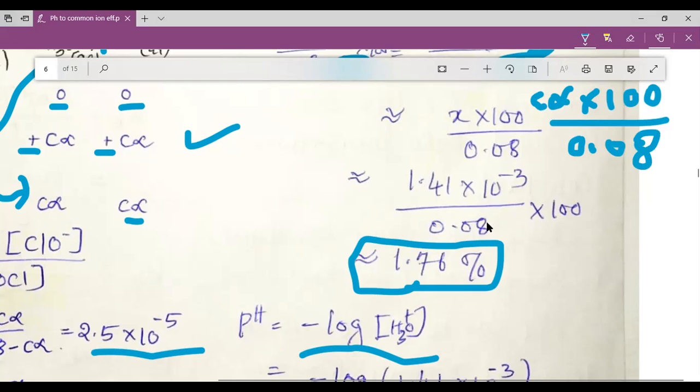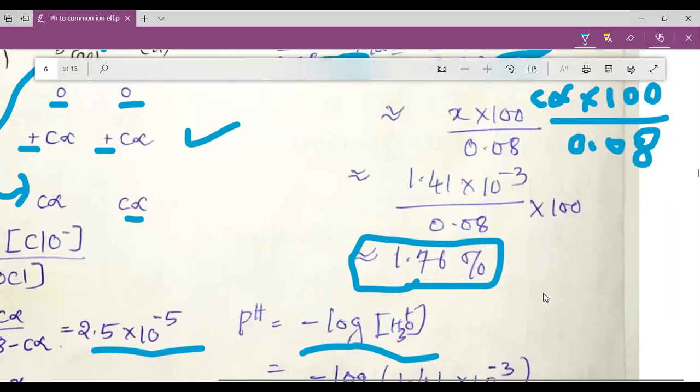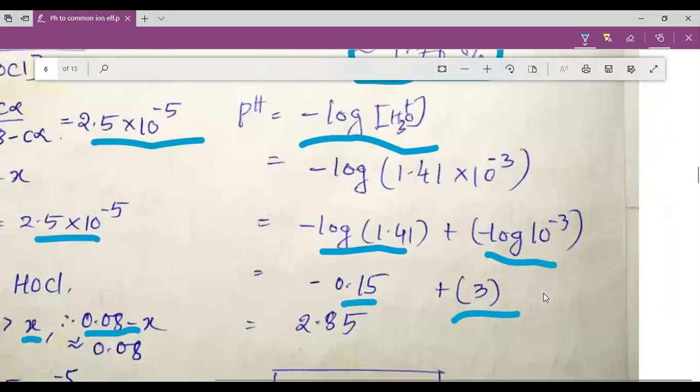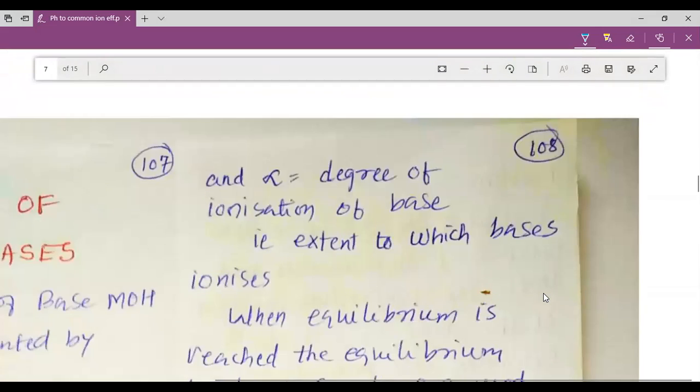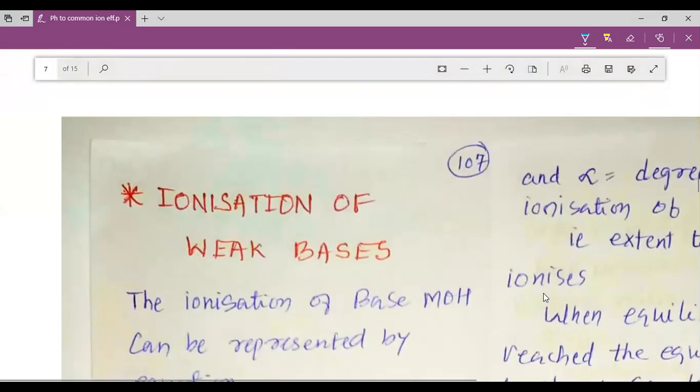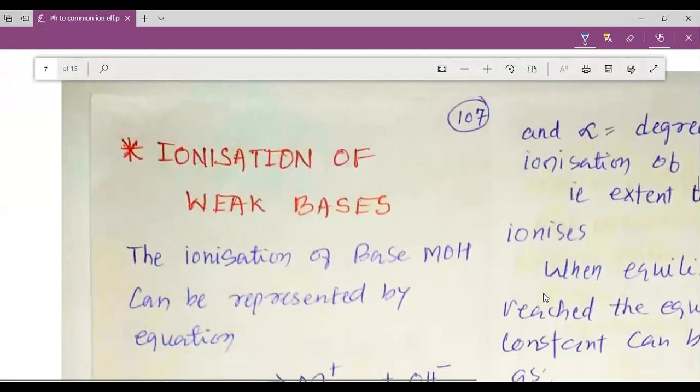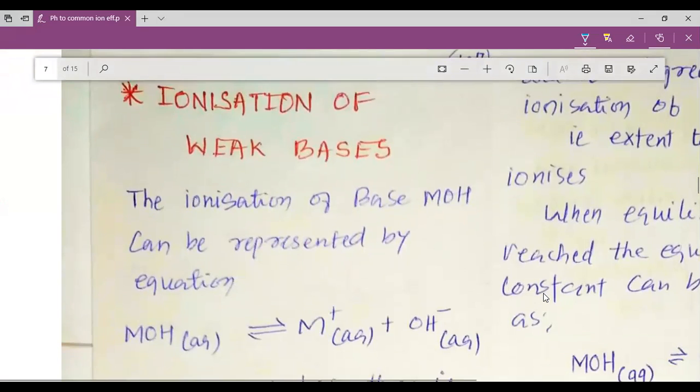So when you solve this problem, you multiply alpha with 100. I hope you understand, my dear students, that the percentage dissociation is nothing but the degree of dissociation multiplied by 100.